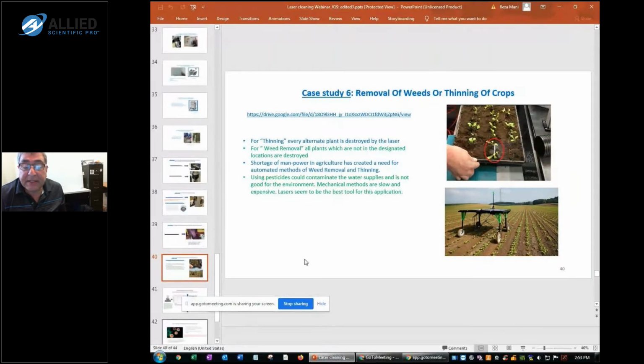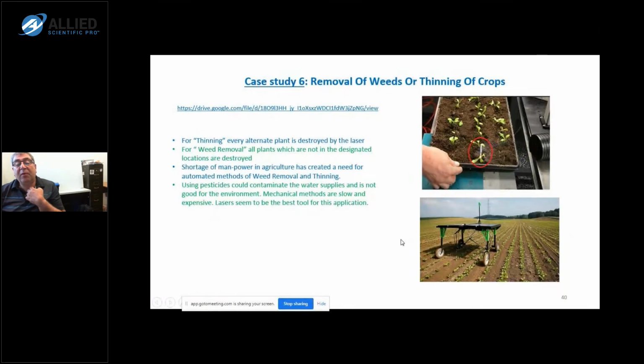And next one, there was an interesting case for removal of weeds or thinning of crops. Because of the shortage of labor, mechanical means and manual means are not available. So these days in agriculture, they tend to use robotics, and laser would be a good fit in there.